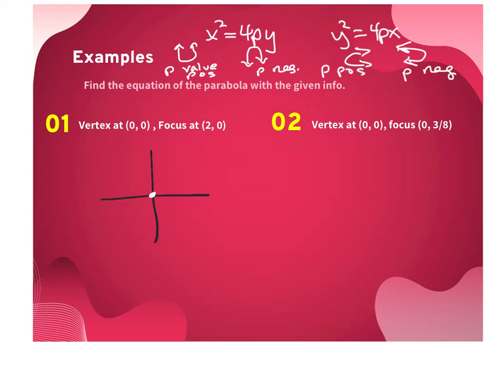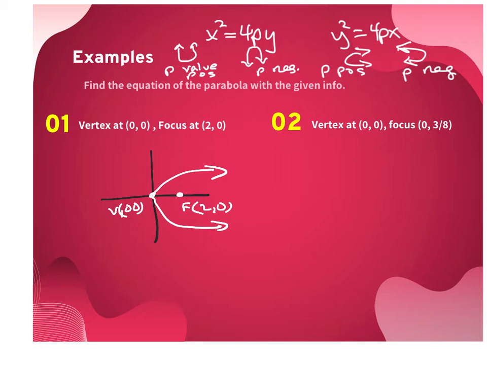So my vertex is at 0, 0, and my focus point is the ordered pair 2, 0. So it's over here. So this is my focus, and my vertex is at 0, 0. Now, remember from Friday, your parabola always surrounds the focus. So this is going to tell me how my graph opens. And this one's opening to the right.